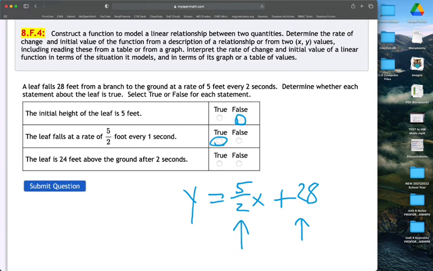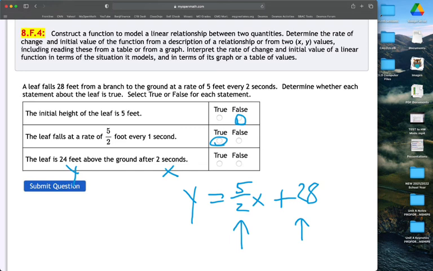The leaf is 24 feet above the ground after 2 seconds? Well, time happens to be the x value. The amount of feet after the time happens to be the y value. So we could do something as simple as this.